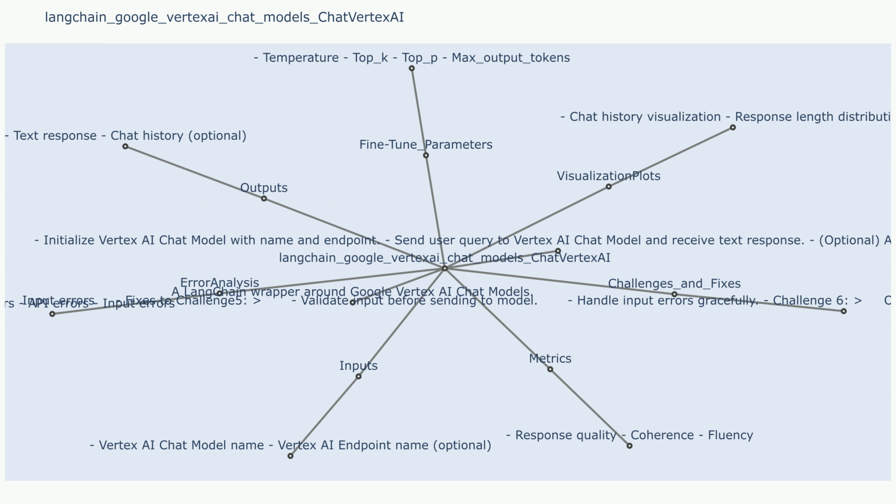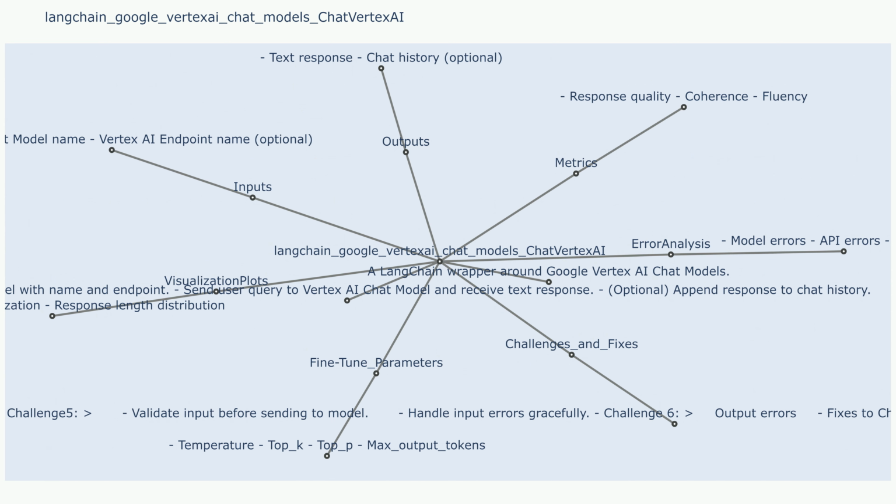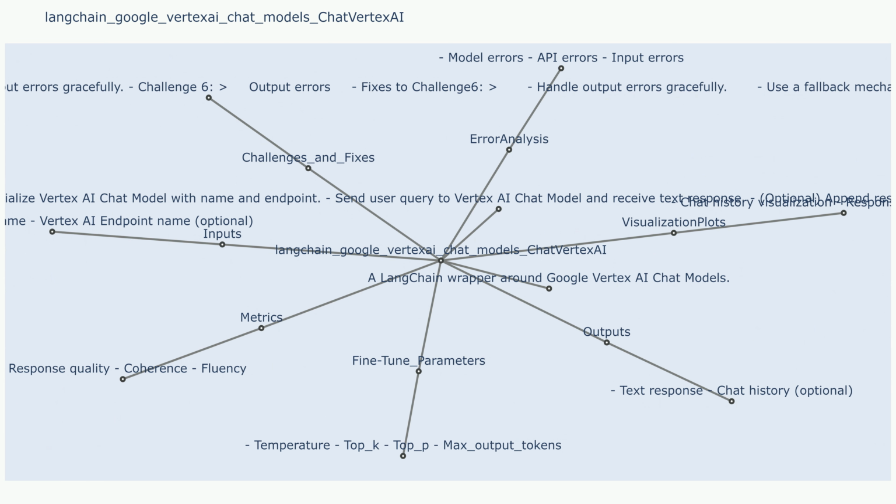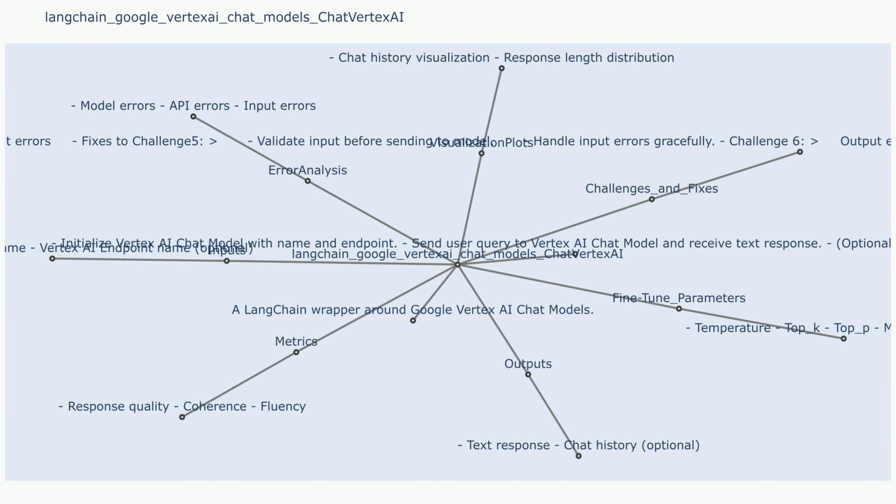Steps: initialize the ChatVertexAI class with the required parameters: model name, endpoint, project ID, location, API key. The class handles the communication with the Vertex AI model through its endpoint. When you call the run method with a user input, it sends a request to the Vertex AI model with the user's message.